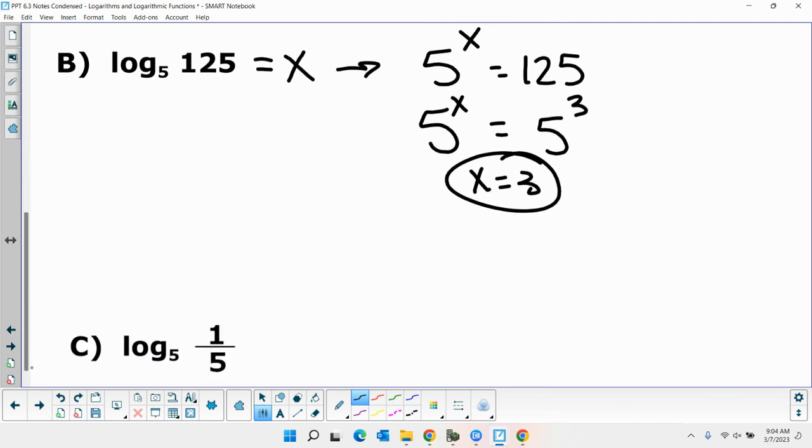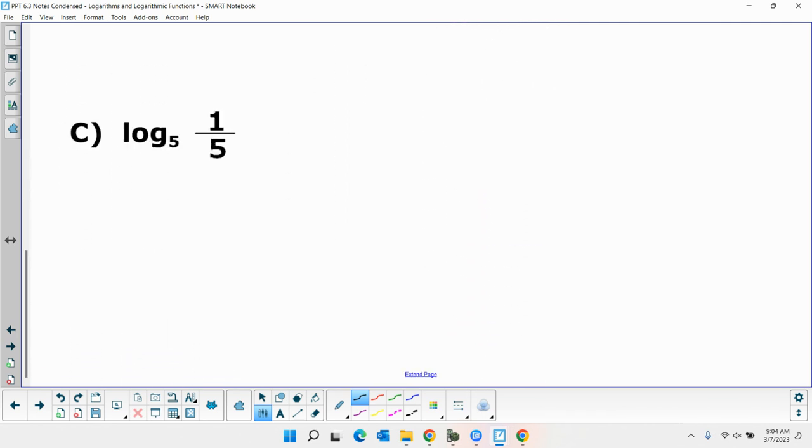Again, no calculator is being used right now. Write equals x. So rewrite it in exponential. Base is 5. Exponent is x equals 1/5. Well, I don't want my 5 in the bottom. I want it in the top.